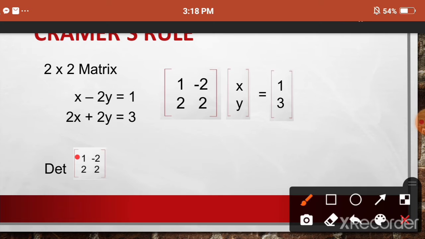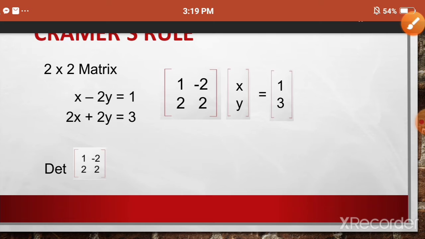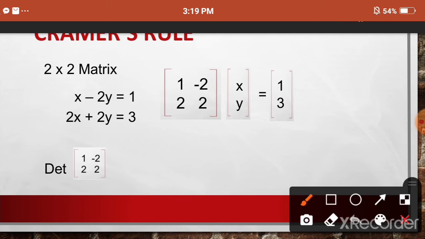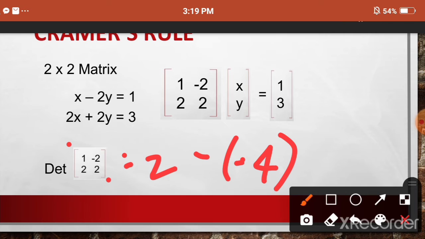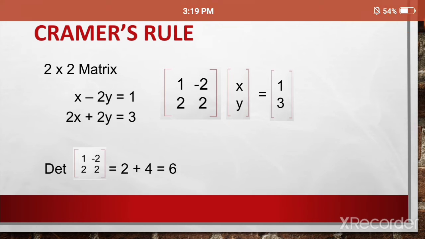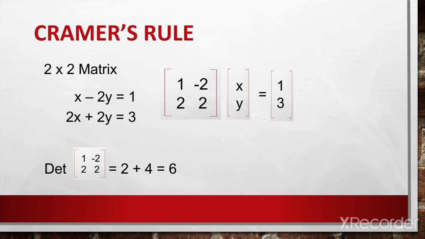A is our 1, B is our negative 2, C is our 2, and the other 2 is our D. So 1 times 2 is equal to 2. Negative 2 multiplied by positive 2 is equal to negative 4. Negative times negative is positive, so we have 2 plus 4, and that is equal to 6. 6 is the value of our determinant.